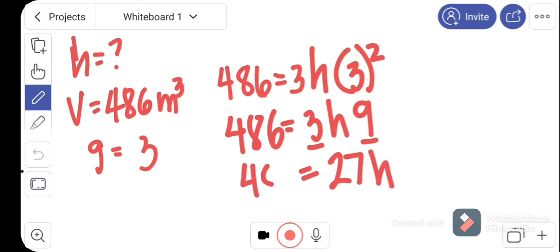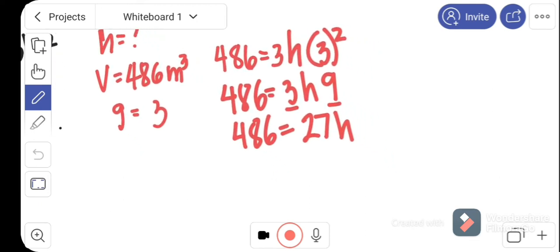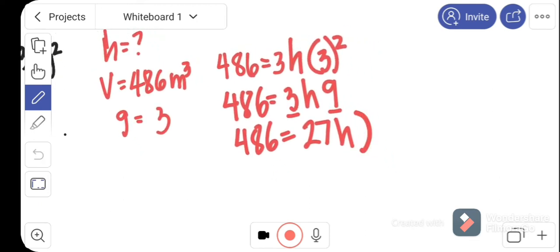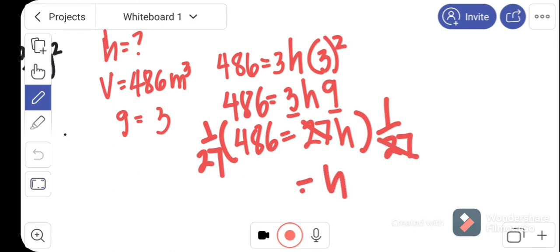And then 486 on the left side. Simplify by multiplying both sides with 1 over 27. Now we'll have h is equal to 486 divided by 27, which equals 18.